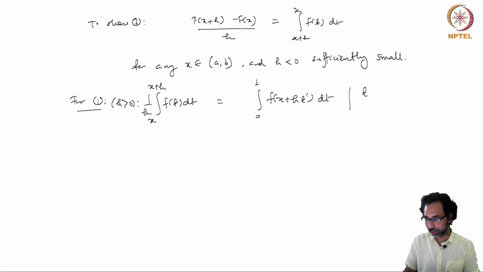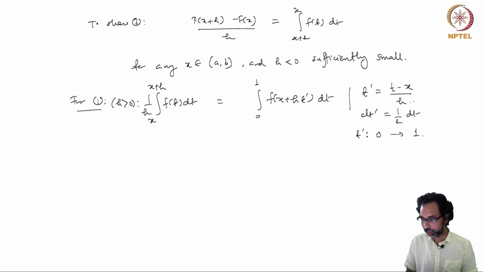This is by a change of variables: t' is (t - x)/h, so first of all dt' equals 1/h dt, and t' goes from 0 to 1 because t goes from x to x+h. So here we have a change of variables and a new integral from 0 to 1, with the function f(x + ht') dt'.